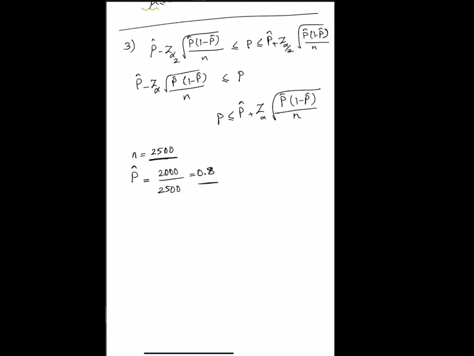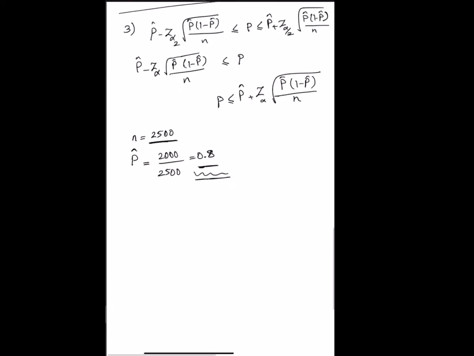That gives me a sense that about 80% of the population does, but I'm not sure. That's just the proportion of the sample. So I want to construct a confidence interval for the proportion of the population, and I want a two-sided interval, so I have to use the first formula.